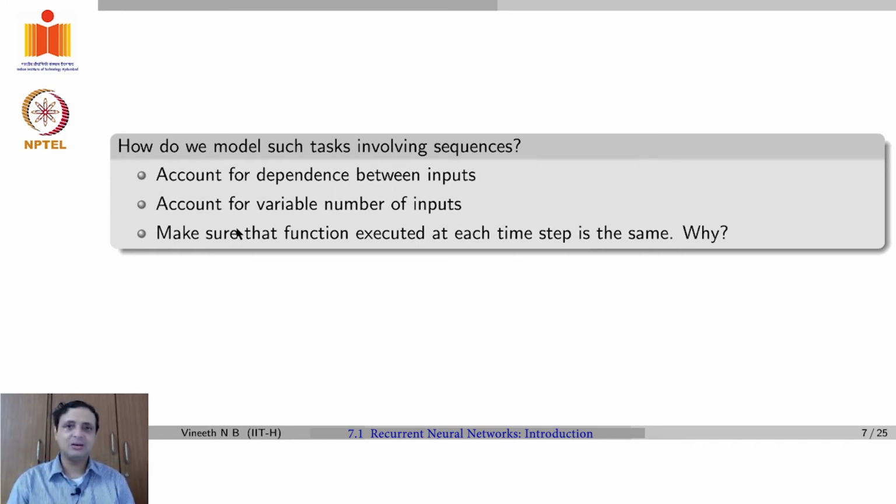This is similar to what we said in convolution, where irrespective of whether a cat was on the top left or the bottom right, we want to say that a cat exists in an image. We overcame that problem through the idea of convolution. But how do we do that now over time series and sequence learning problems is what we're going to talk about over the next few slides.